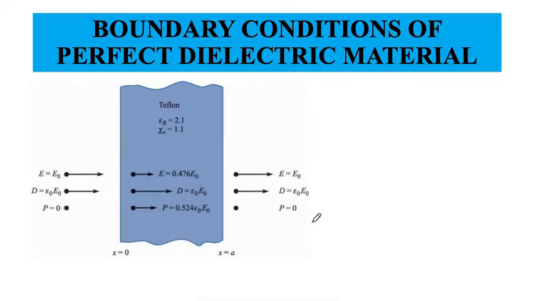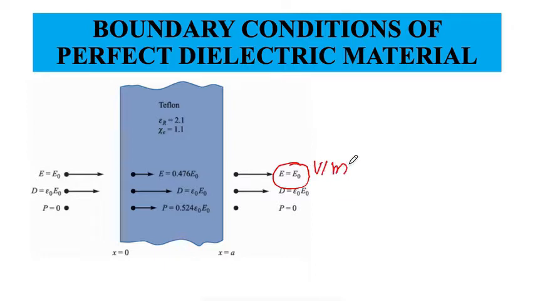So remember what the problem was. In the first slide we placed a Teflon slab. We said the electric field outside of the slab is uniform, directed horizontally, with a value of E naught volts per meter.